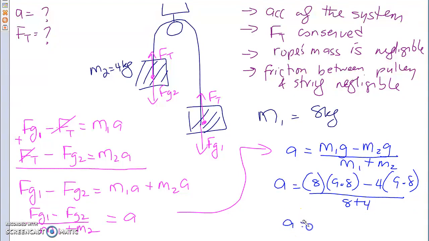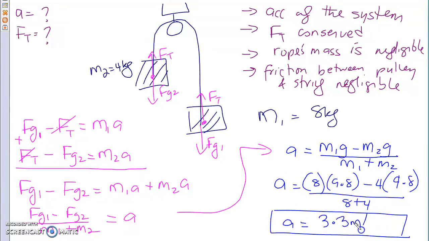And what do you get for your a? How much? 3.3 meters per second squared.